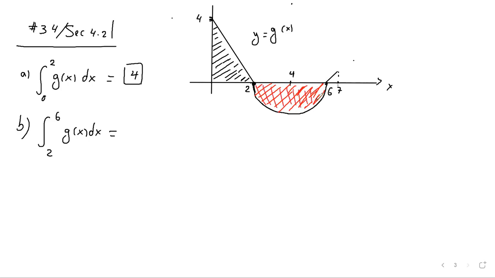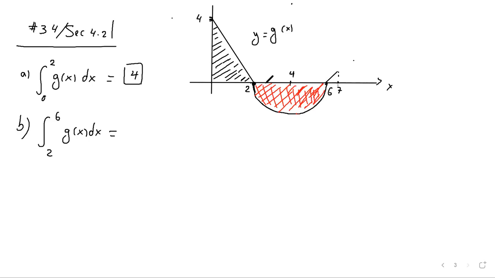So the area is going to be, folks, the area above this half circle over here, so below the diameter, so that's going to give us the area of half a circle, right?